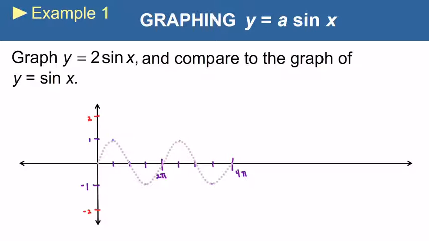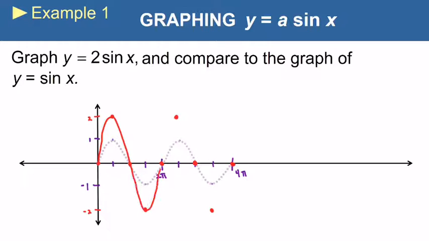Okay, now if you think about 2 sine of x, that really should just be the basic sine of x times 2. So every y value from the original graph that I have here in purple, but times 2. So wherever the sine function is 0, 2 times 0 will still be 0.